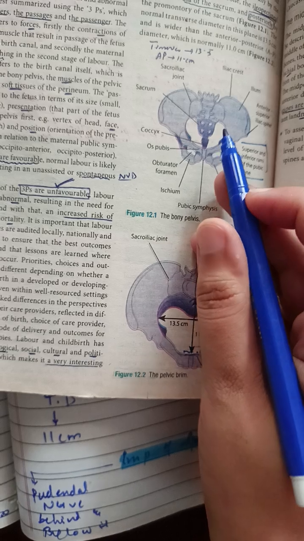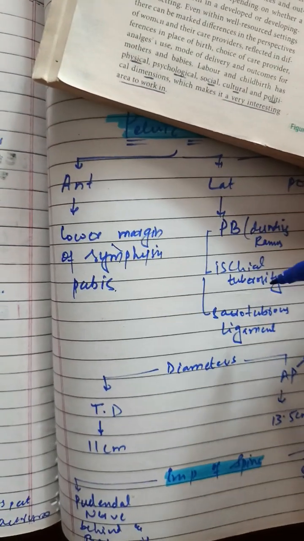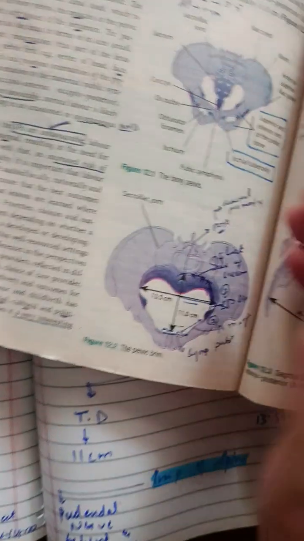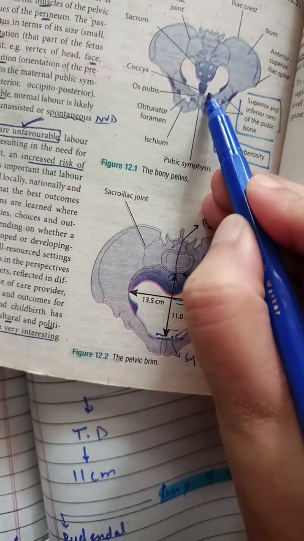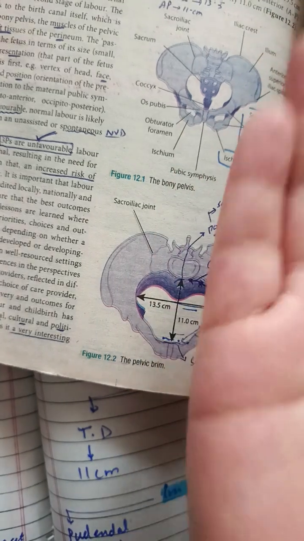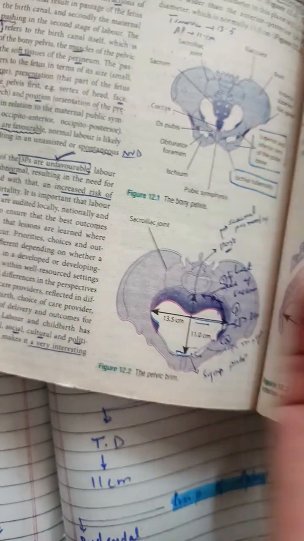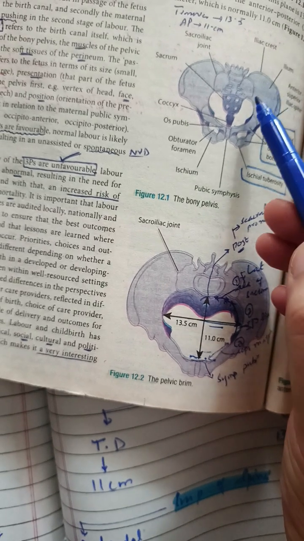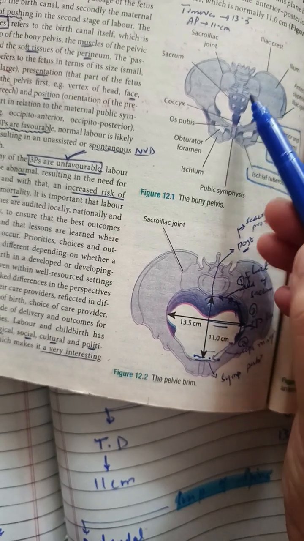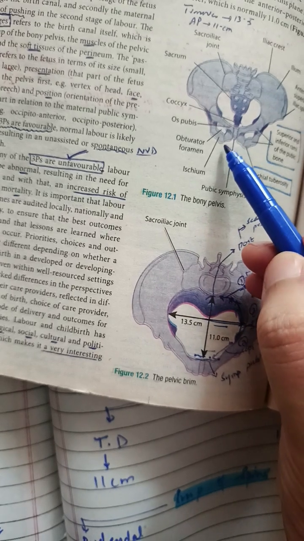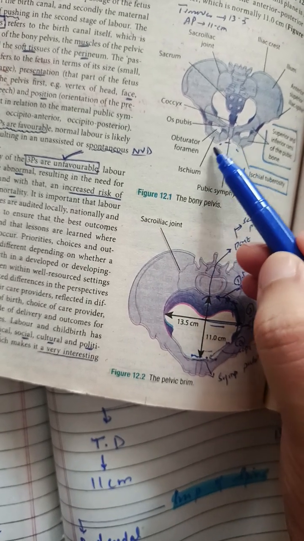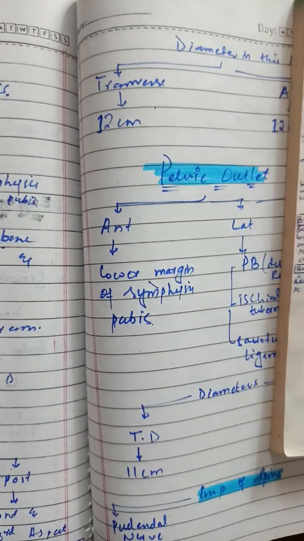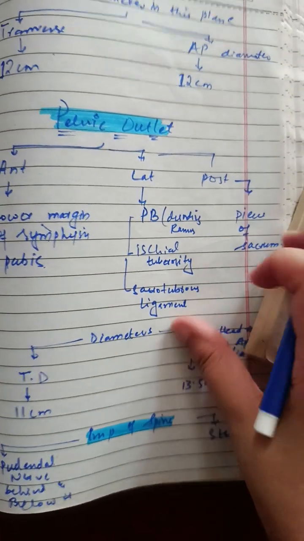From below we look at the pelvic outlet. So the descending ramus of the pubic bone, the ischial tuberosity, the lower part of the sacrum, and anteriorly the lower margin of the symphysis pubis form the pelvic outlet.